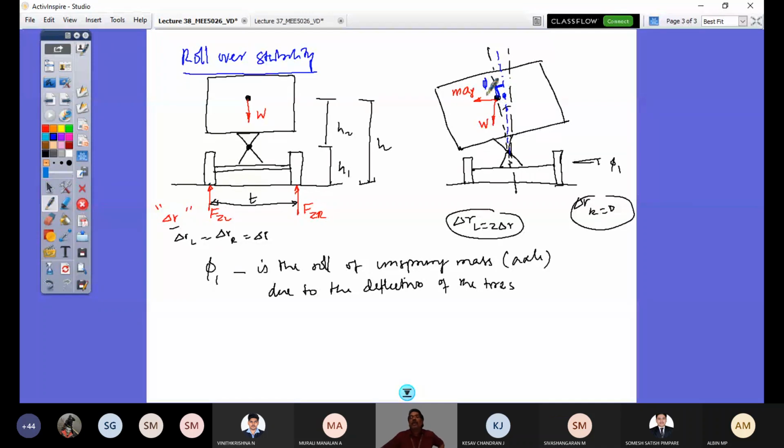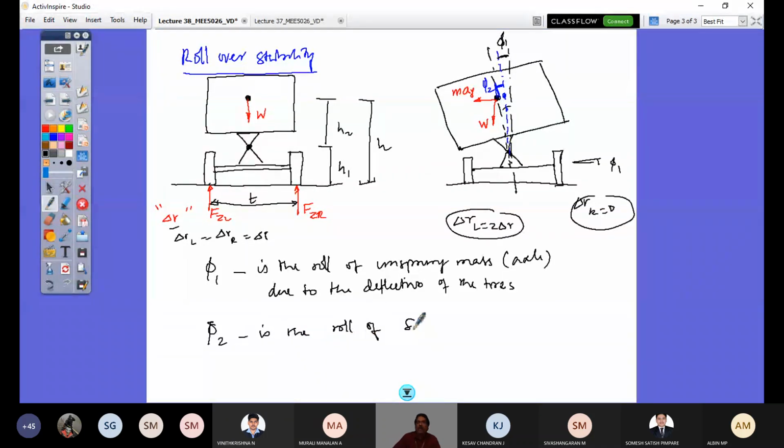The relative roll with respect to the axle is phi 2. And this angle is phi 1. So phi 1 is the roll of the axle. What is phi 2 now? Phi 2 is the roll of the sprung mass.